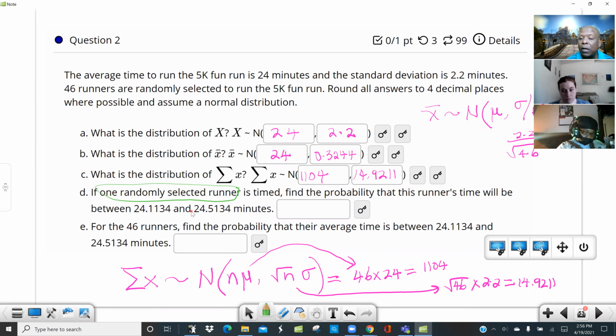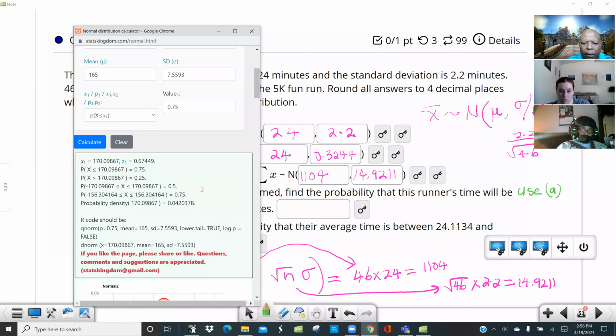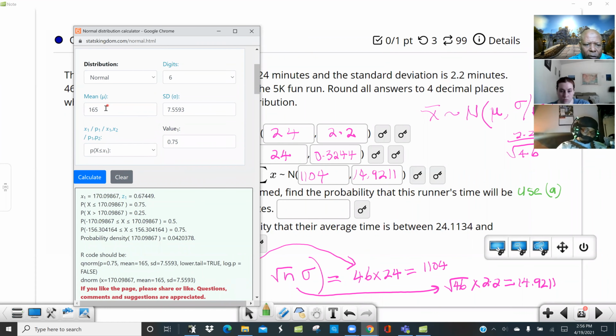So in that case, you're going to use the normal distribution in part A, because you are picking one item from the population. So you go to your normal distribution calculator here. Make sure the mean is 24 and the standard deviation is 2.2.